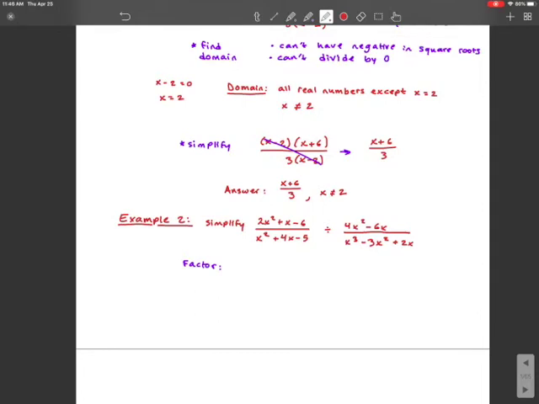So for right now, just factor it. Don't simplify it, just do the factors.